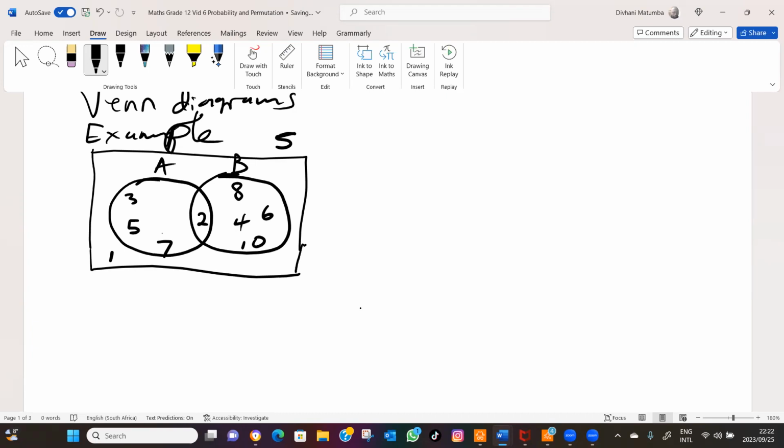Now, what is the probability of picking an outcome within A? Let us count: 1, 2, 3, 4. 4 possible outcomes. So that is 4 out of 10 numbers, which is 0.4.